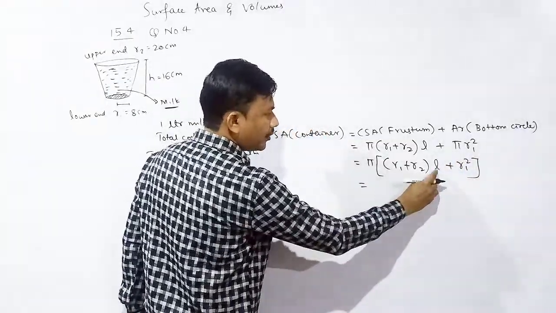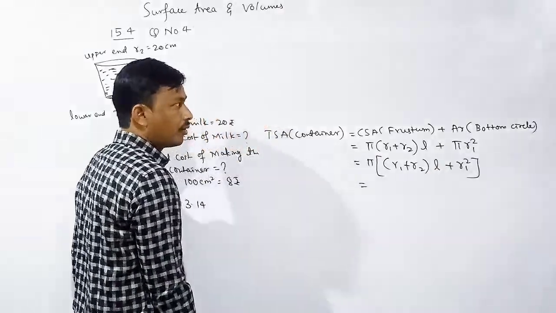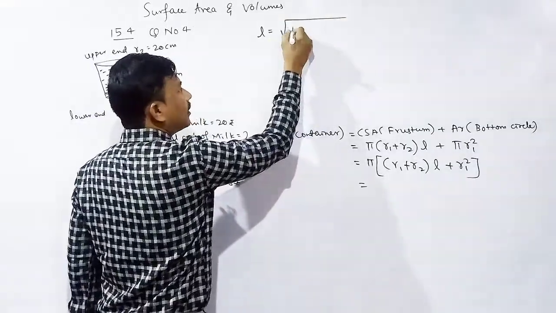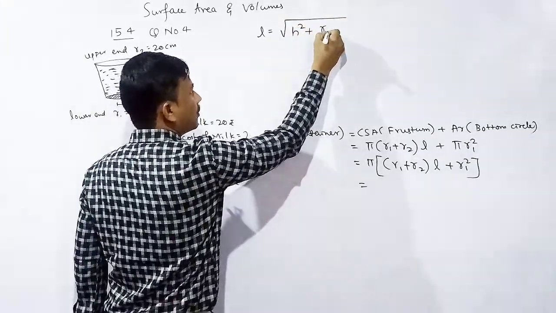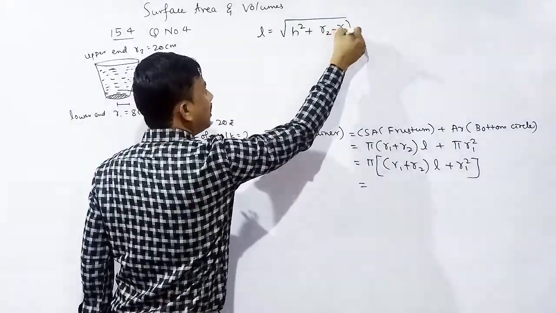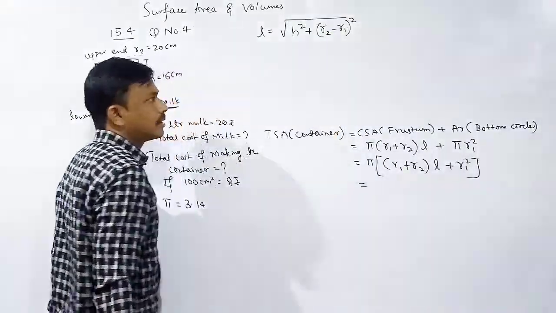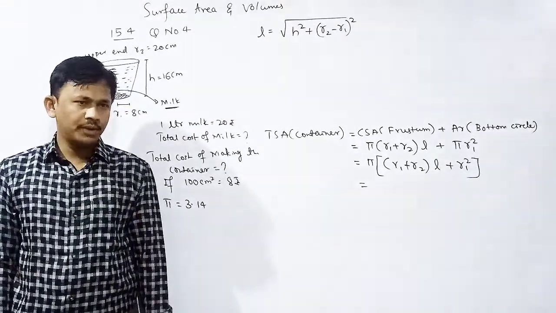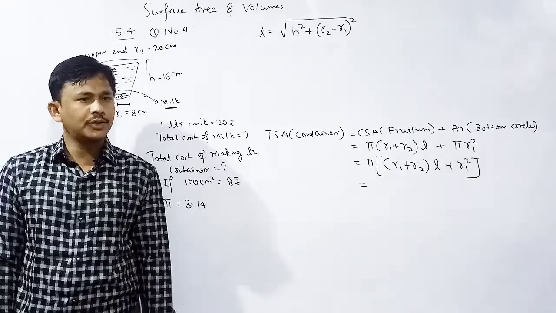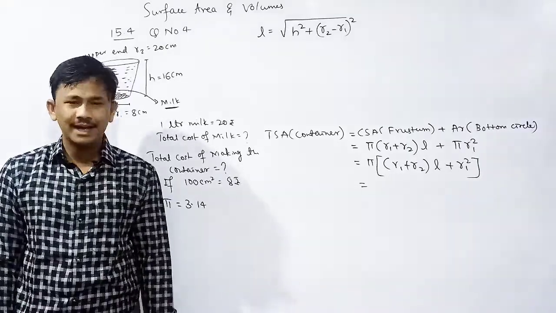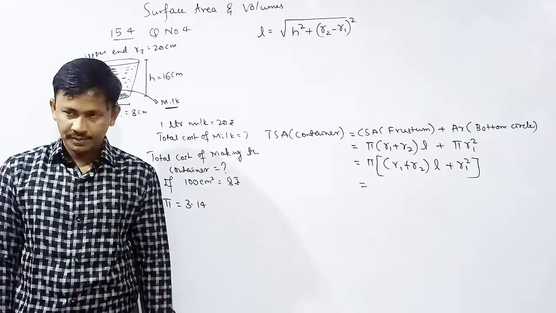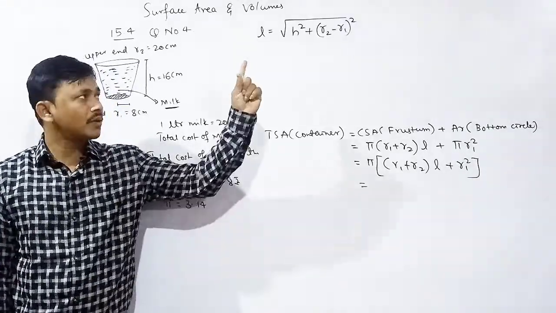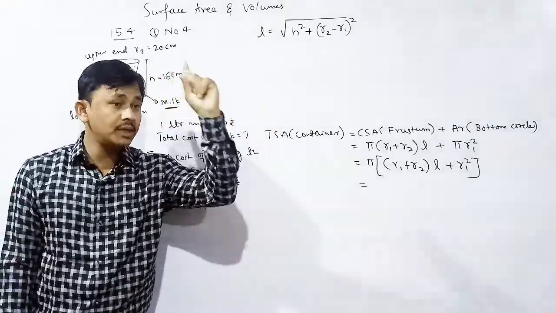This is equal to, do we know the L value? No. That means we need to find L, which is equal to under root of h square plus (R2 minus R1) whole square. This is the formula for L. In the cone, L is equal to under root of h square plus r square. But in frustum of a cone, L is equal to under root of h square plus (r2 minus r1) whole square.